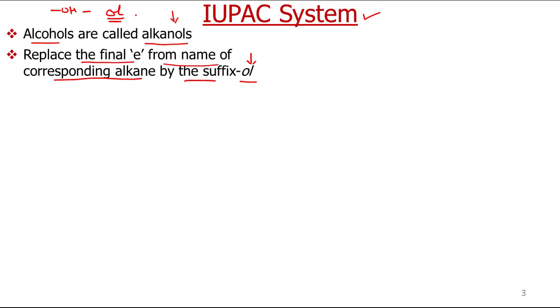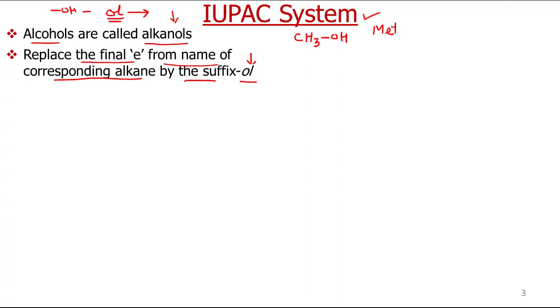So all the alcohols will end with ol in this system, that is alkanol. This alkanol part will come from the alkyl chain. Let me write a structure, CH3OH. This is the alkyl group, so one carbon is methane. I will first write methane.